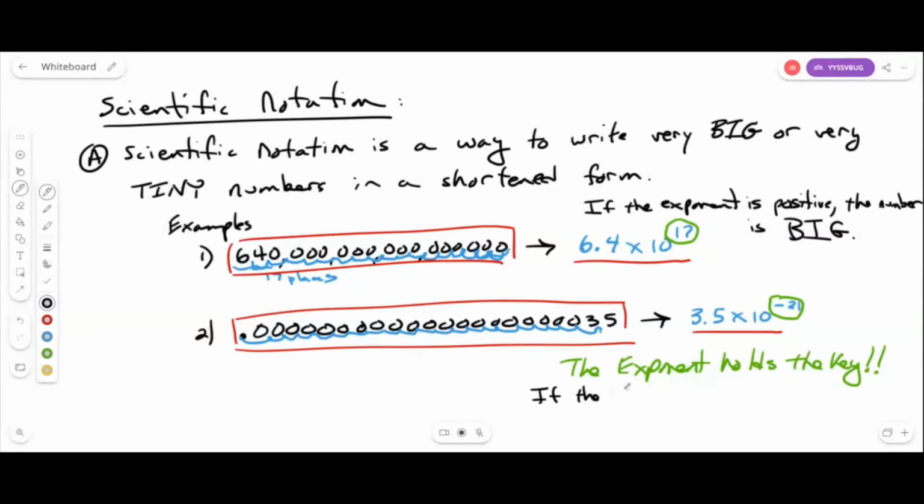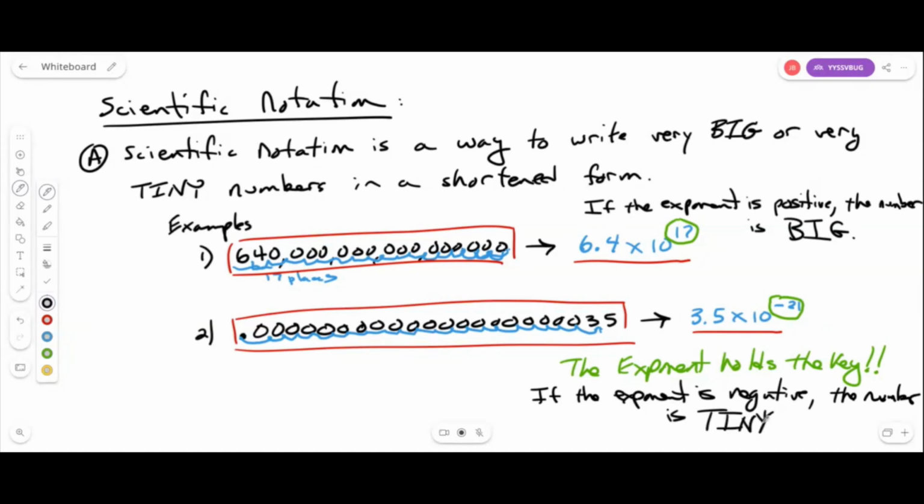If the exponent is negative, the number is tiny.